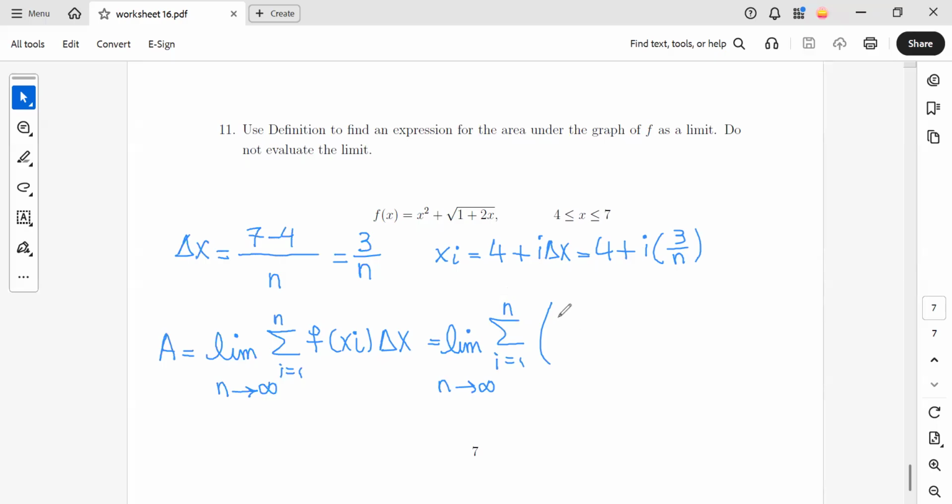So we have 4 plus i times 3 over n, all squared, plus square root of 1 plus 2 times 4 plus i 3 over n, as we have for x sub i, squared. And it said no evaluation, so this is the answer.